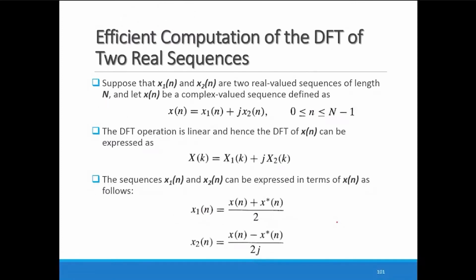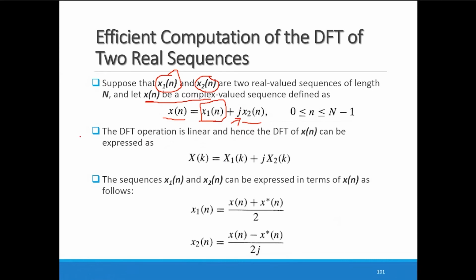Now I am making one sequence x(n) by combining both. We club these sequences to get one complex valued sequence, that is x(n) equal to x1(n) plus j x2(n), where n is from 0 to N minus 1.